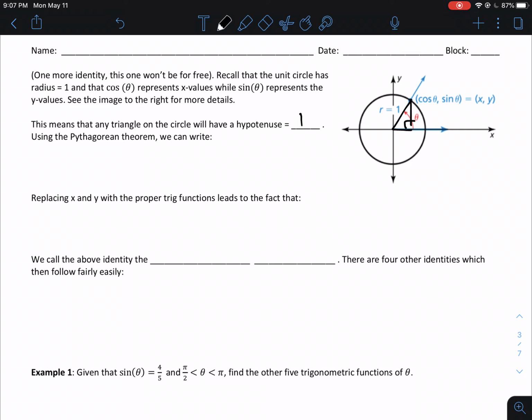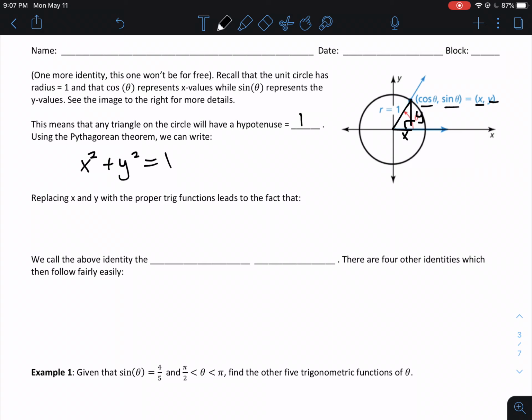This would be the x value, this would be the y value. So using the Pythagorean theorem, we can write that x squared plus y squared has to be equal to 1. Now here's where we go back and think about the fact that x is the same as cosine and y is the same as sine.